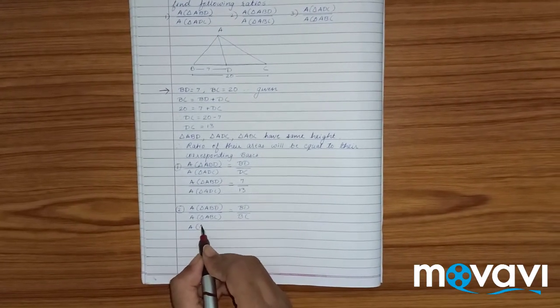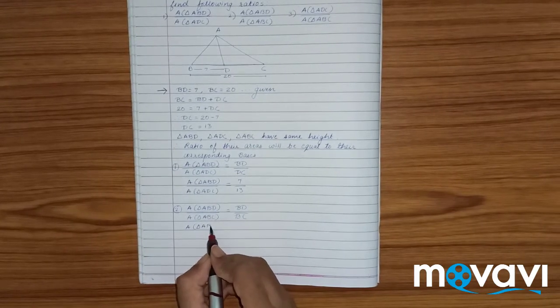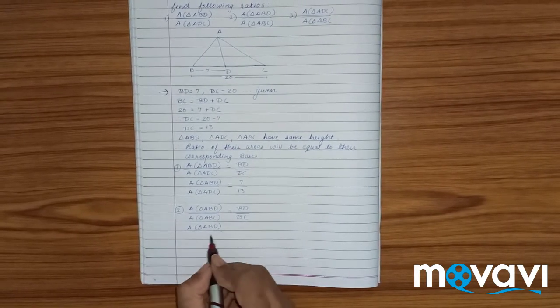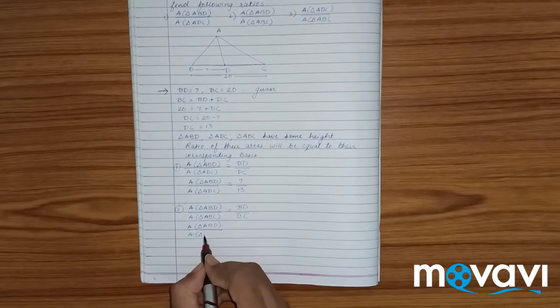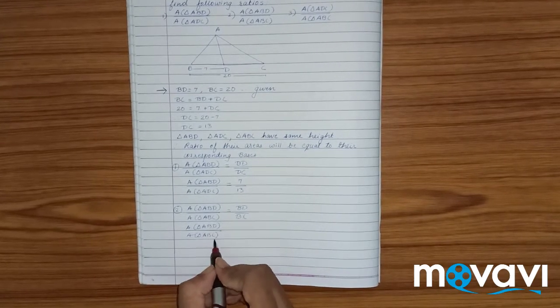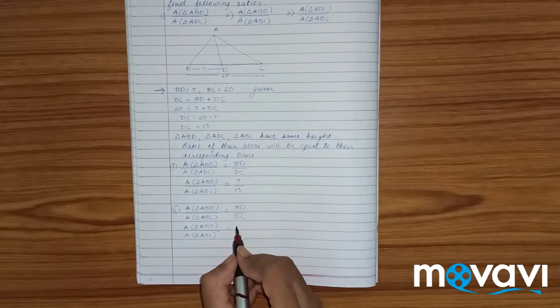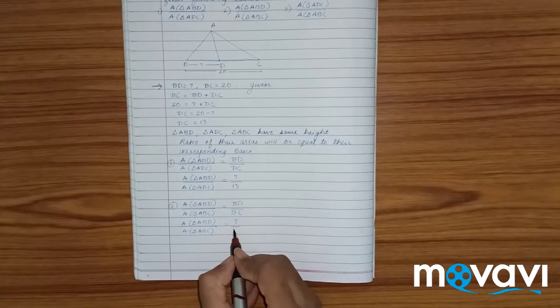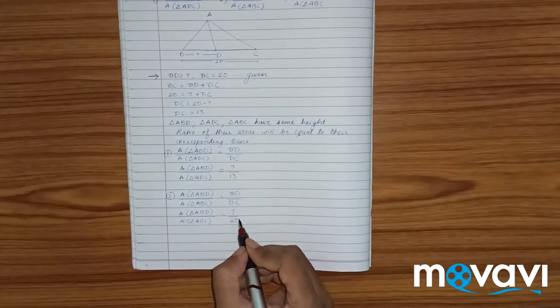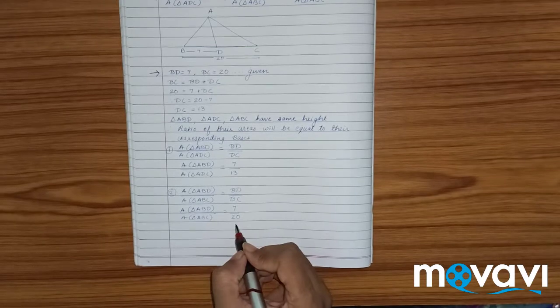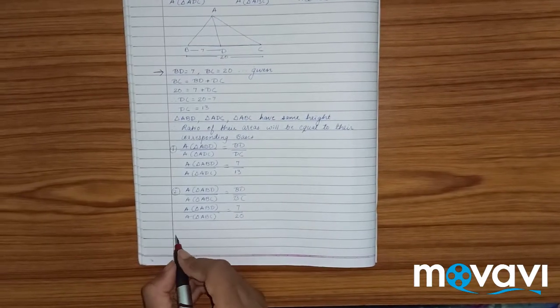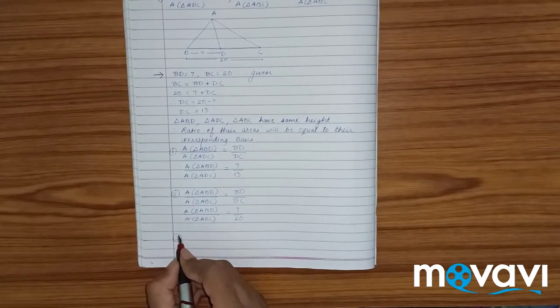The left hand side will remain as it is: area of triangle ABD upon area of triangle ABC. BD is 7, BC is 20. Can I get this into smallest form? No. Fine. Then I will go for the third one.